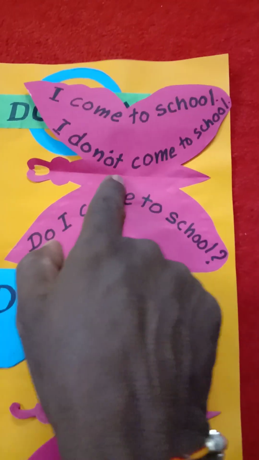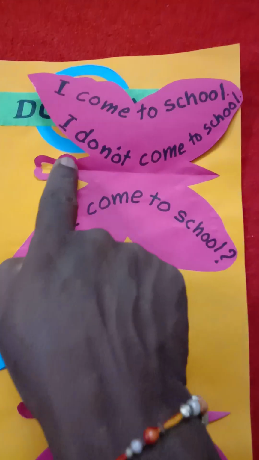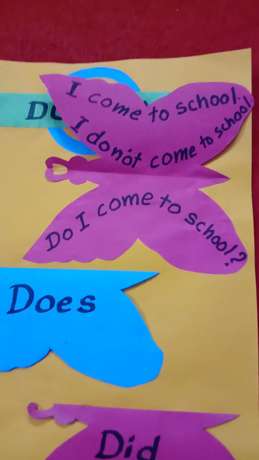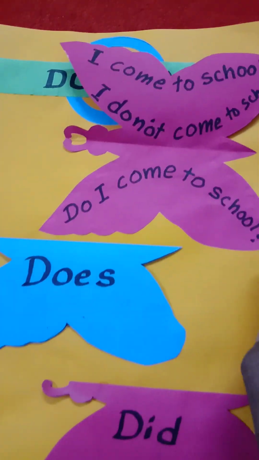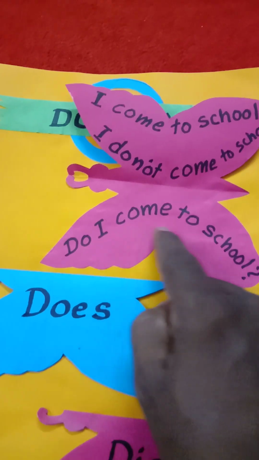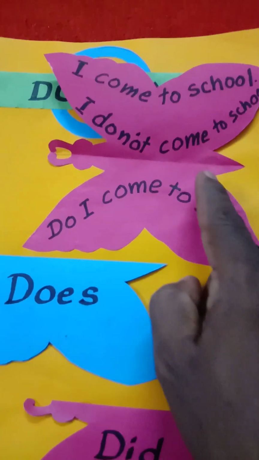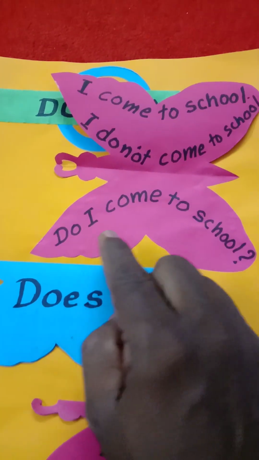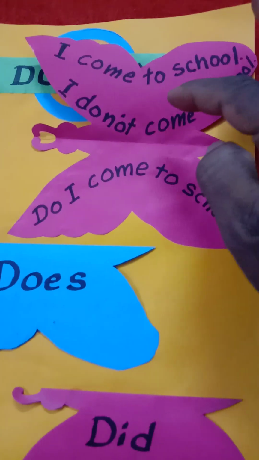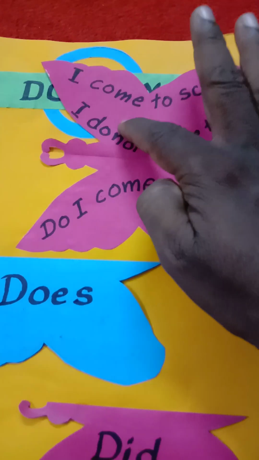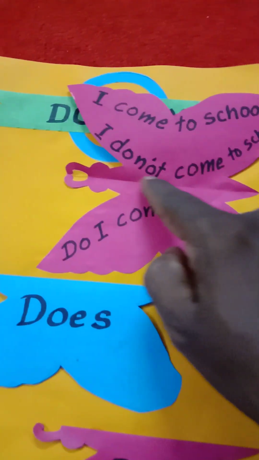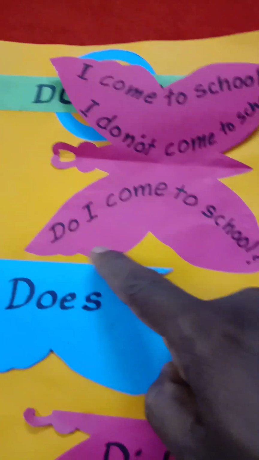I do not come to school. Negative sentence. Do I come to school? For interrogative sentence. So we use do for a negative sentence and interrogative sentence.